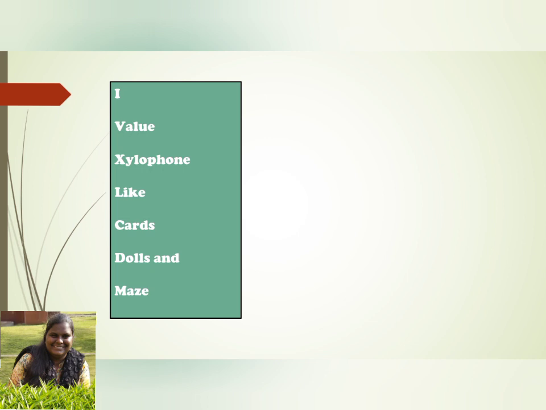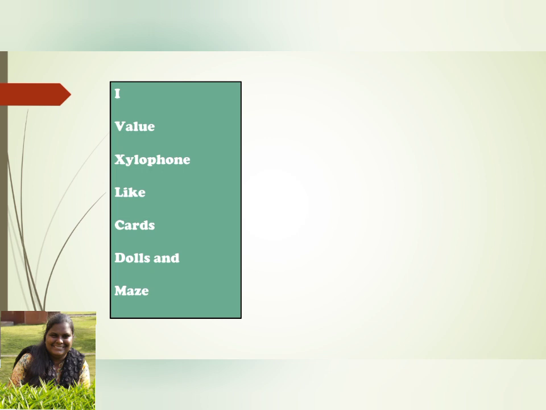Can you now read the first alphabets of this phrase? I, V, X, L, C, D, M. Yes. So these are the 7 Roman symbols that we use instead of Roman numbers. So you can simply learn it by heart by saying: I value xylophone like cards, dolls, and maze.